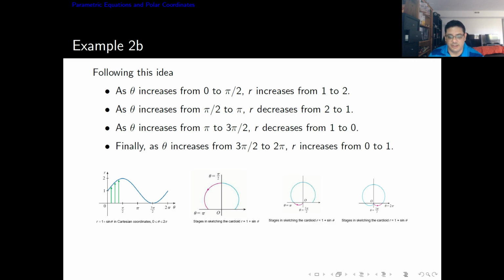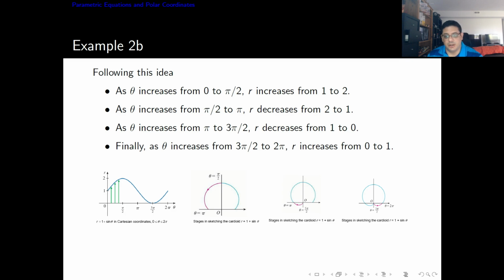So all the behavior that it's doing is something like this. First, when we're going from 0 to pi half, here in the second picture we have the blue sketch of what it's doing. Then when we're going from pi half to pi, you see the red line that covers this piece, and it is again going from 2 to 1.